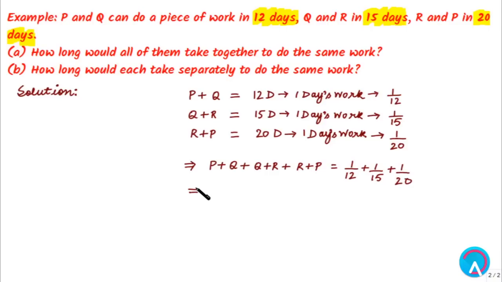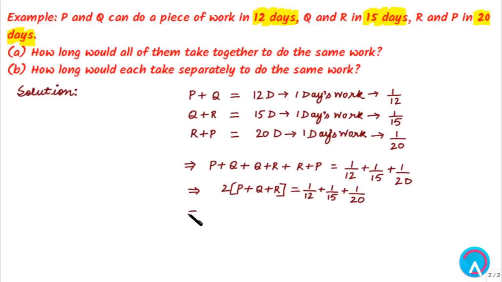This implies each term is being repeated here 2 times, so taking 2 out, inside we can have P plus Q plus R is equal to 1 by 12 plus 1 by 15 plus 1 by 20.